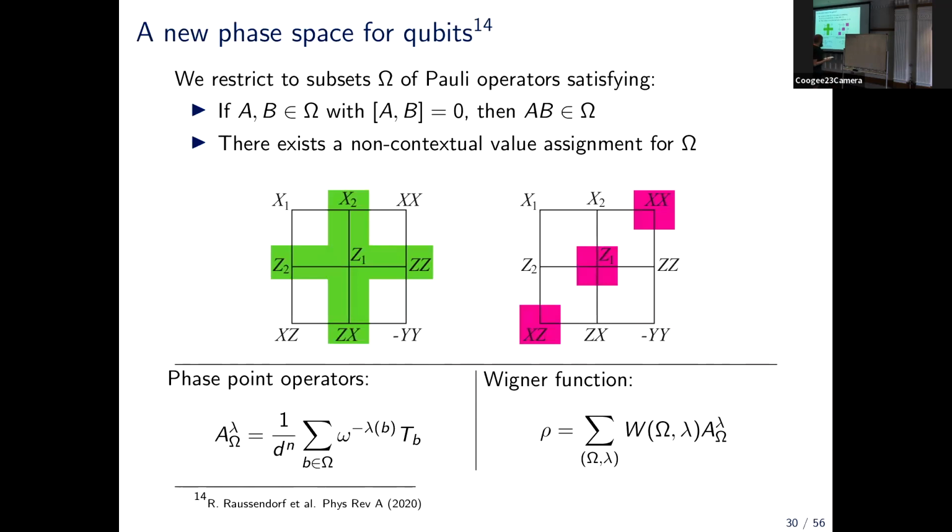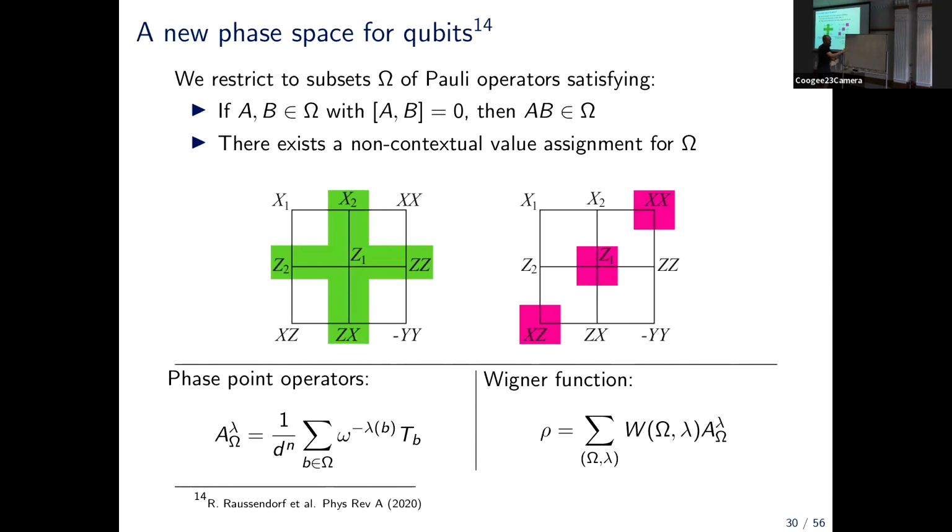And then a phase point operator is just a sum over all of these with some signs up front. So A omega gamma looks like this, and so on. You just add up all of these operators with some signs.